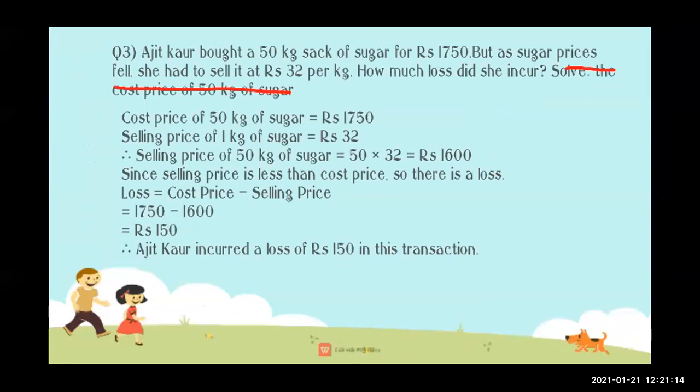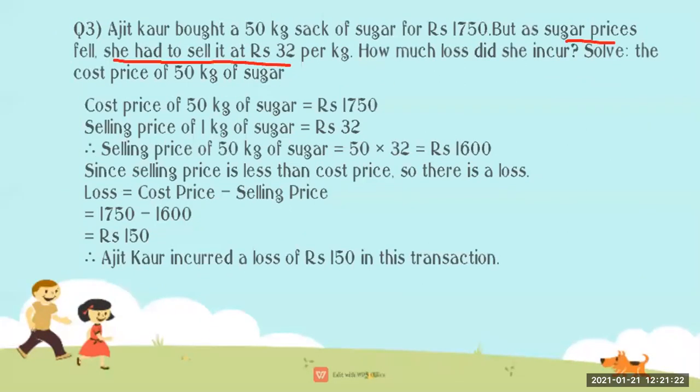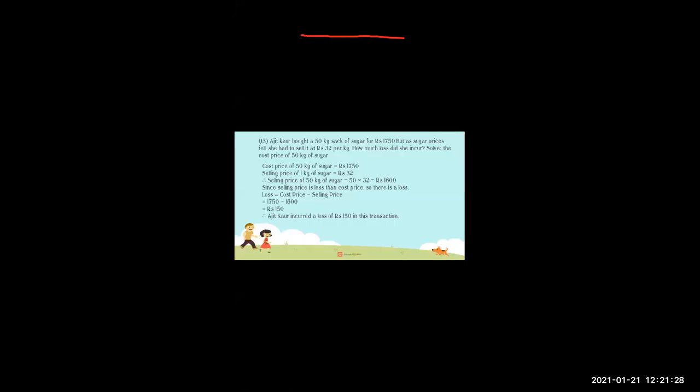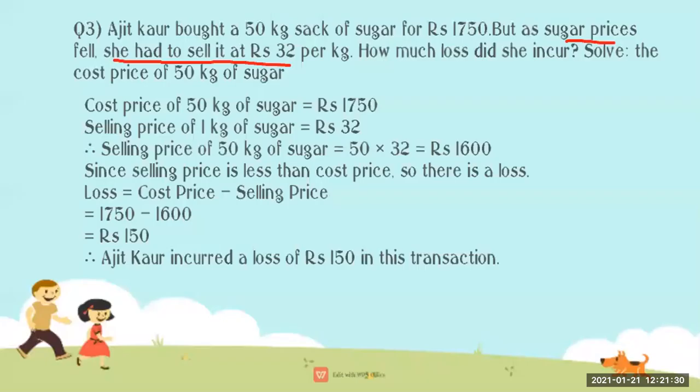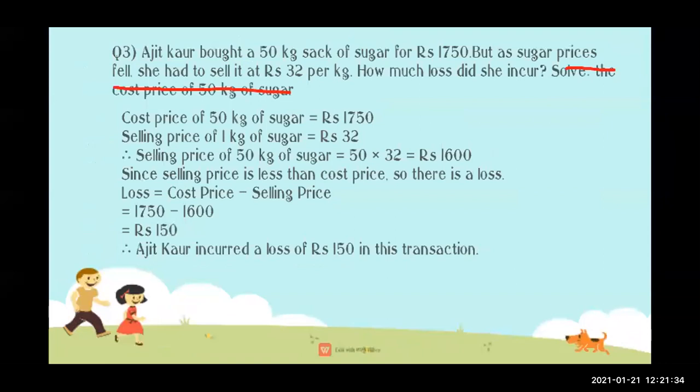So here the cost price of 50 kg of sugar was rupees 1,750.